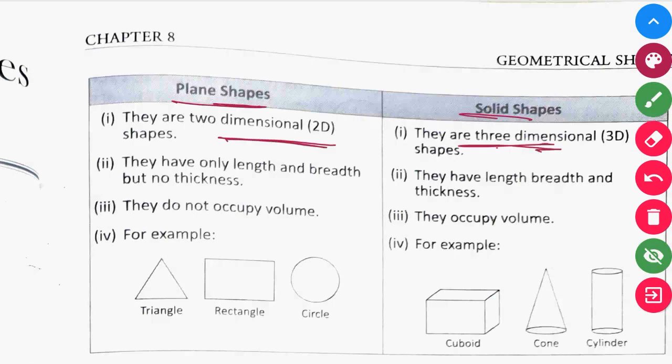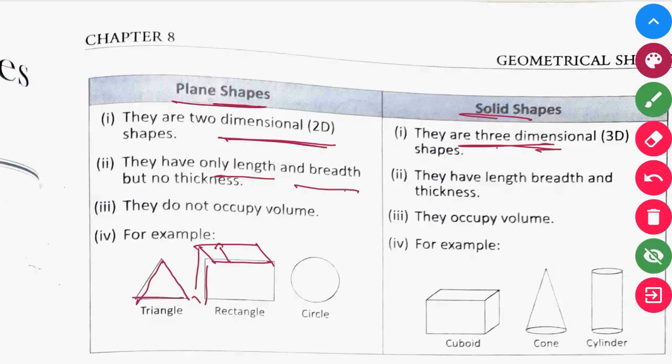Solid shapes are three-dimensional. When we see a plane shape, only length and breadth we can see, not the thickness of it. We cannot see what is behind it, how much it is extended from the backside.